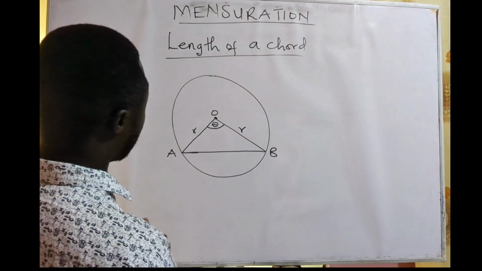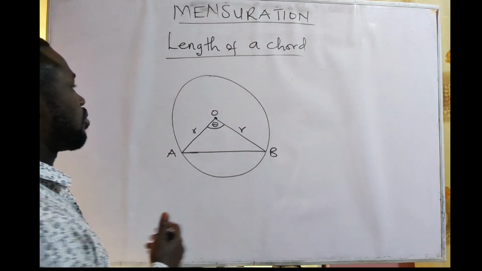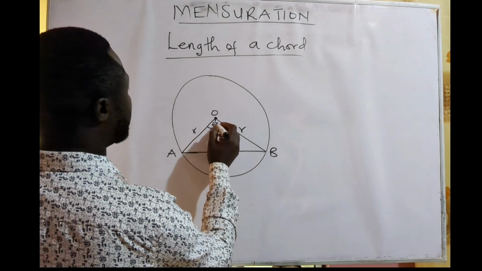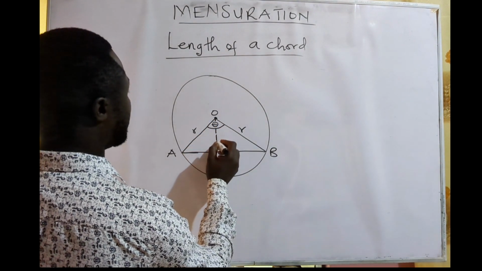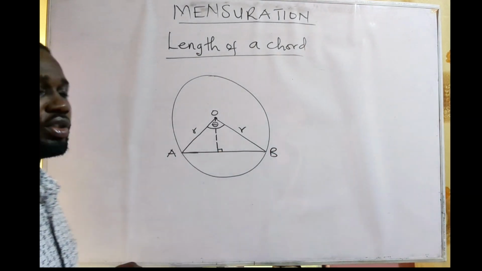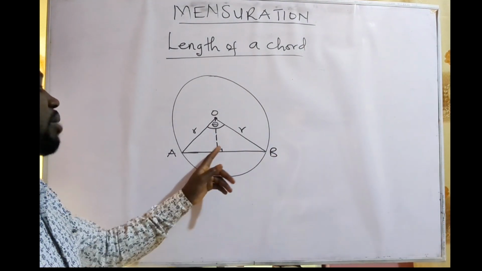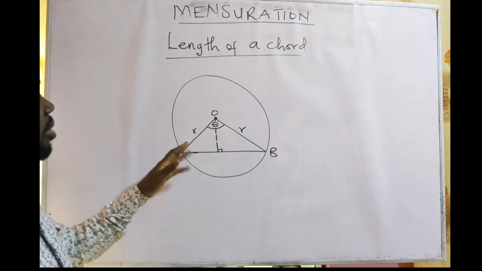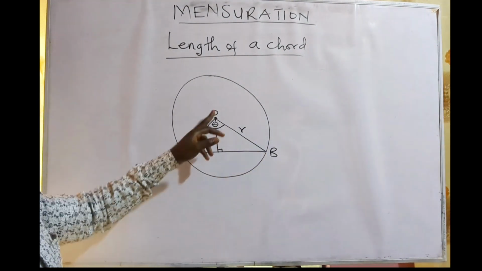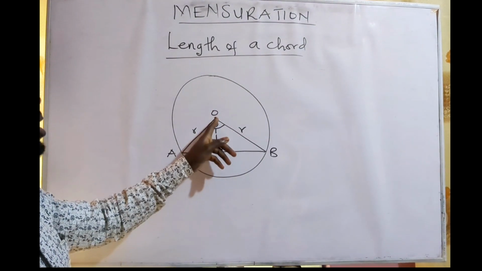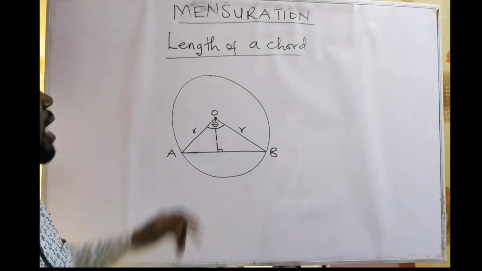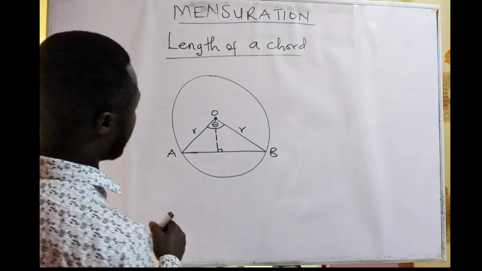Because the triangle is isosceles, what we can do to help us is draw a straight line from the center to the base, the chord. A straight line from the center to the chord is perpendicular to the chord, and because this side is the same as this side, the perpendicular height from the center divides the base into two.